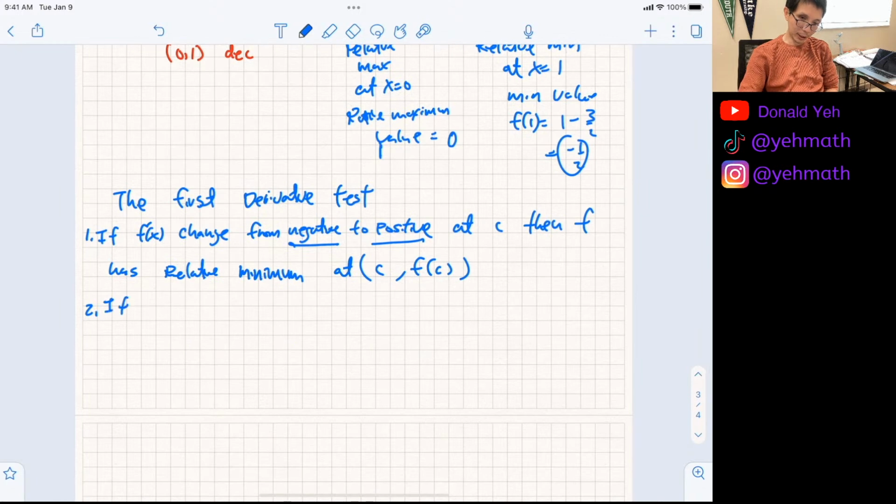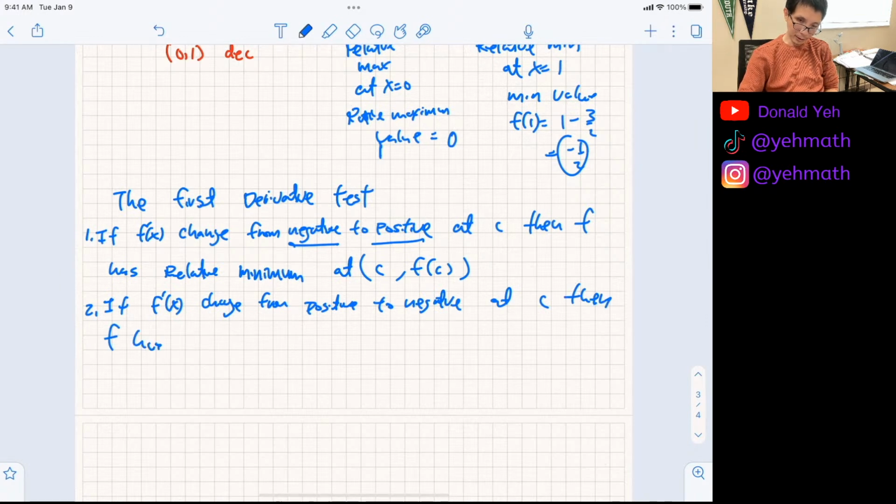Second, if f prime of x changes from positive to negative, and that's how you're going to write it, at C, then f has a relative maximum at C comma f of C. That's a coordinate, by the way. Third thing is true.